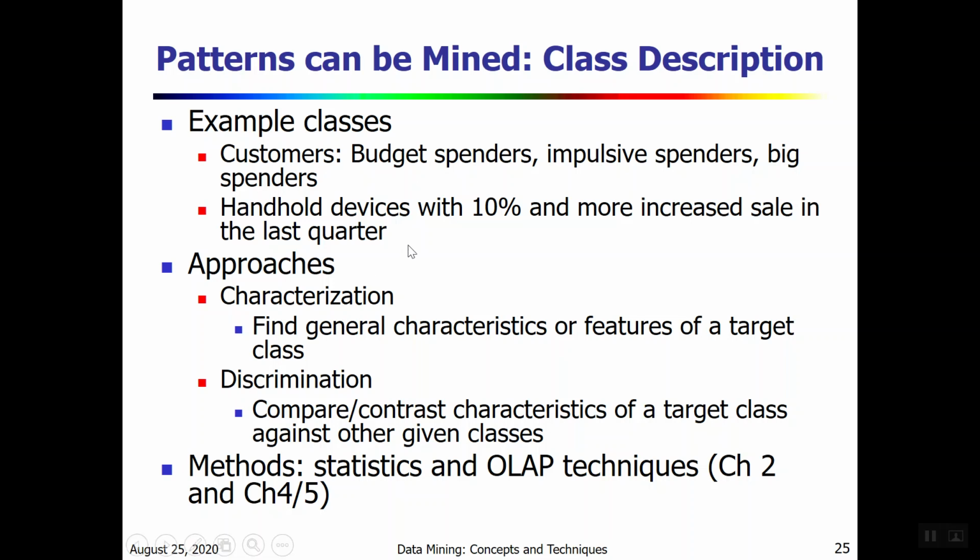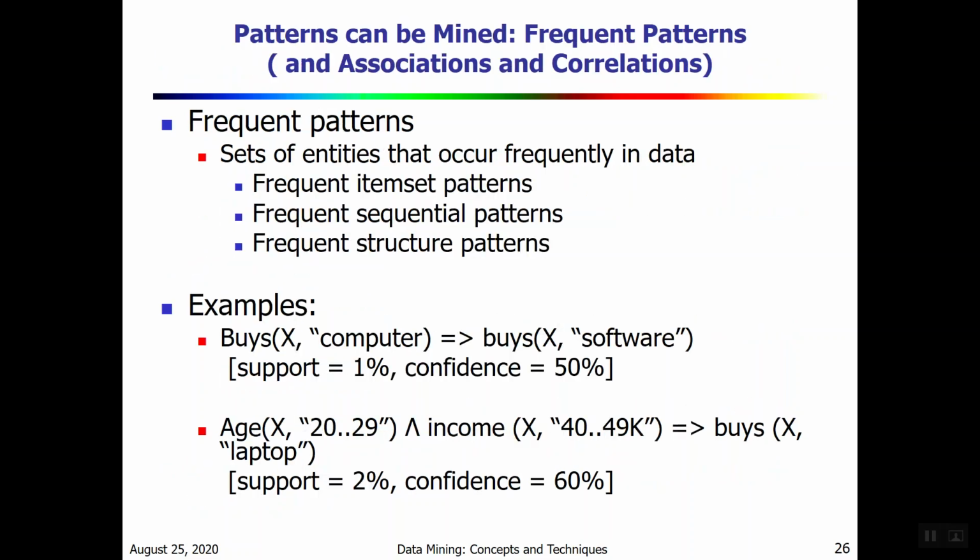What are the characteristics of those devices that I'm interested in studying in order to boost the sales of my other devices? So this is the first type of pattern we can mine, class description. A lot of methods that you've learned in your statistics class should already be very useful for mining class description. You have central tendencies and distributions and all that. Those are all useful for class description mining.